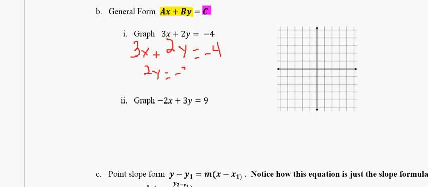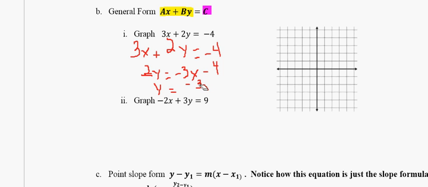So you just have to apply some algebra and solve it for y. I'm going to subtract 3x from both sides. But instead of writing negative 4 minus 3x, I'm going to put negative 3x first, because our slope-intercept form has the x first. Okay? Then I'm going to divide everything by this 2.